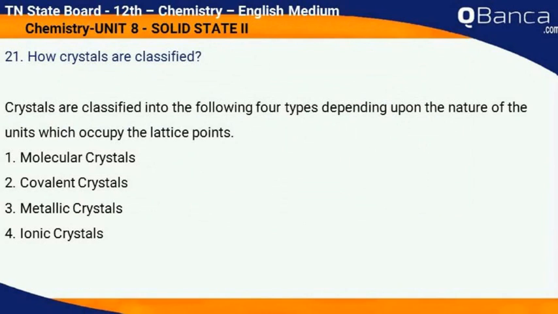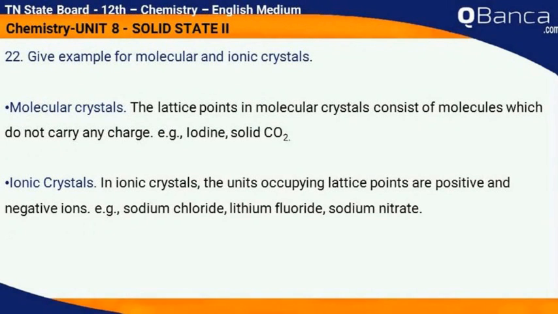How are crystals classified? Crystals are classified into the following four types, depending upon the nature of the units which occupy the lattice points: molecular crystals, covalent crystals, metallic crystals and ionic crystals. Give example for molecular and ionic crystals.